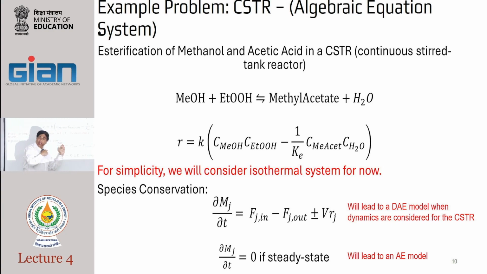Remember what I said: it is really the conservation equations that give you the differential model. There could be other differential equations, I'm not saying there cannot be, but mostly the source of the differential equations for a process model is the conservation equations. For a CSTR, if I set this to 0, as in steady state, then I do not have any differential equation, because all the other properties models and everything are algebraic equations.